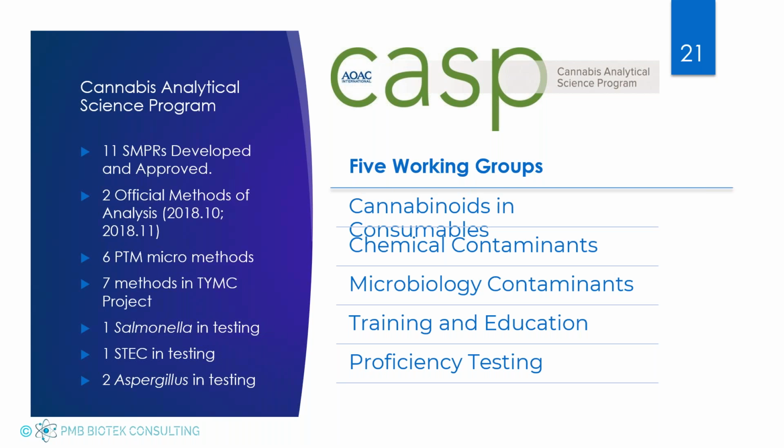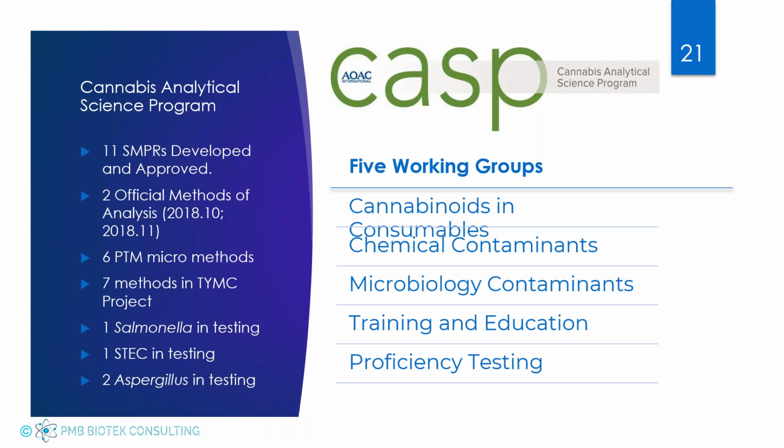So 2018, we launched. 3 years later, we have 11 SMPRs that have been fully developed and approved by our working groups. We have 2 official methods of analysis, so 2 OMAs, they're both chemistry methods. We have 6 methods that have gone through our performance tested methods program that are microbiology.